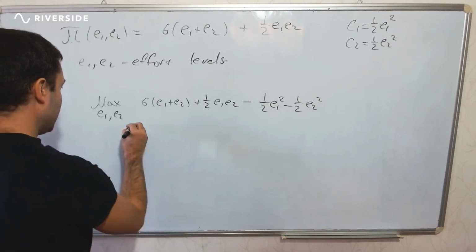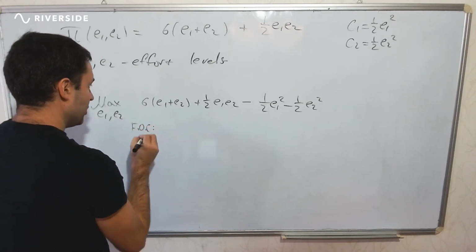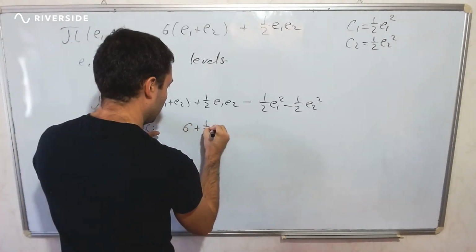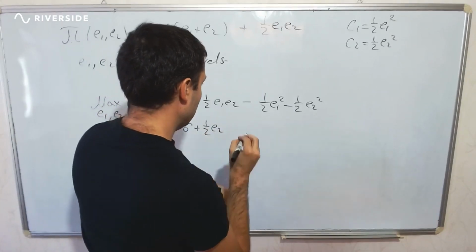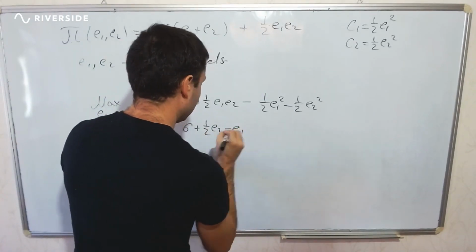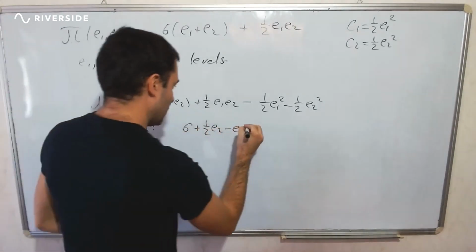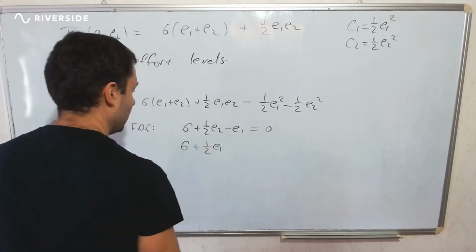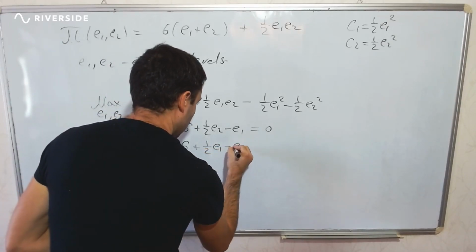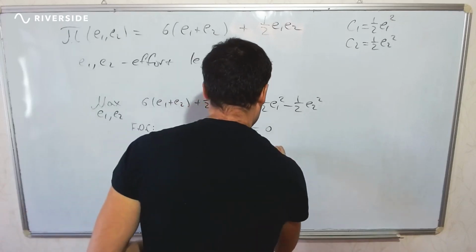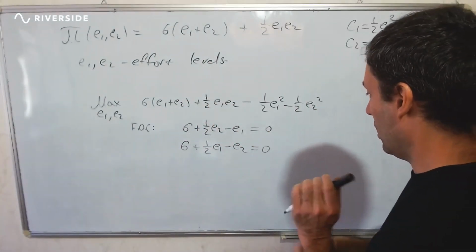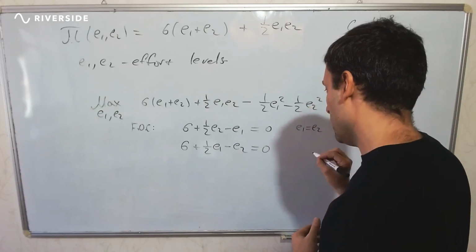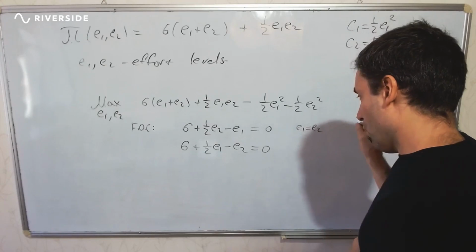All right, to maximize, we just need to take first order conditions. For E1, it will be 6 + 1/2 E2 - E1 = 0, and the same condition for E2: 6 + 1/2 E1 - E2 = 0. Since the equations are symmetric, we know that the optimal levels will be the same, so we can just solve for them.